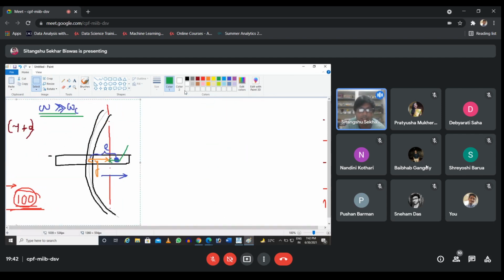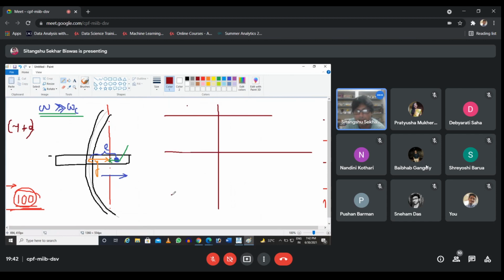Okay, so now let us summarize. So we learned the 3 conditions. If omega is less than omega c, then the denominator of the expression of deflection is positive.